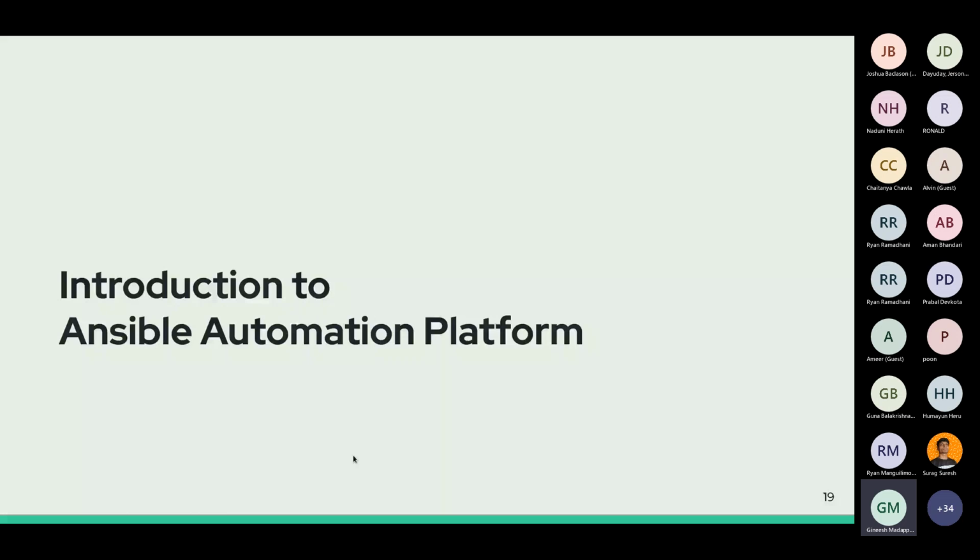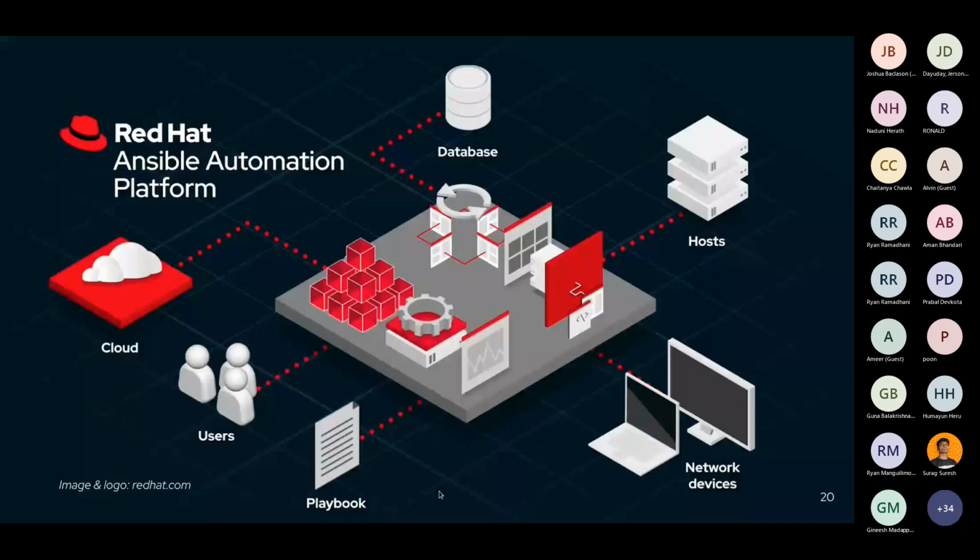Now we talk about Ansible Automation Platform. Ansible Automation Platform is simple, but it's a powerful product to automate most, I would say all, of our IT and application infrastructure components.